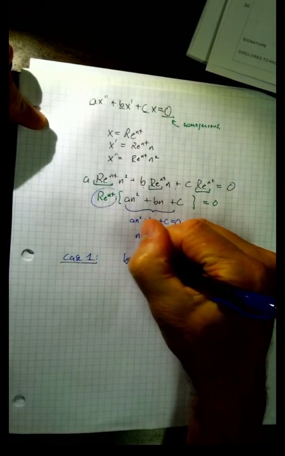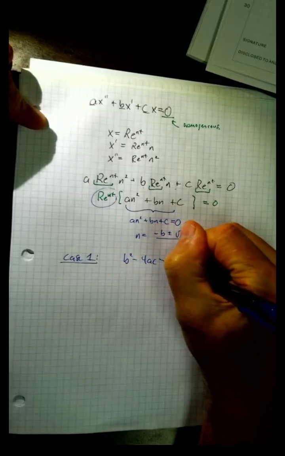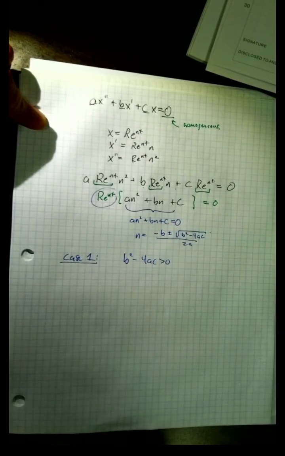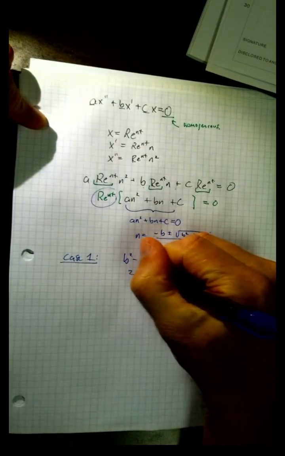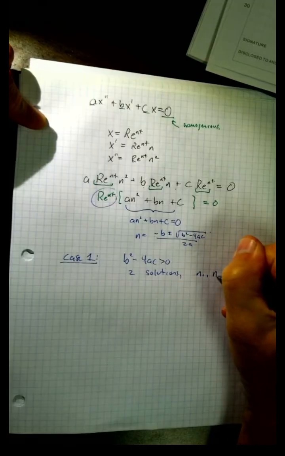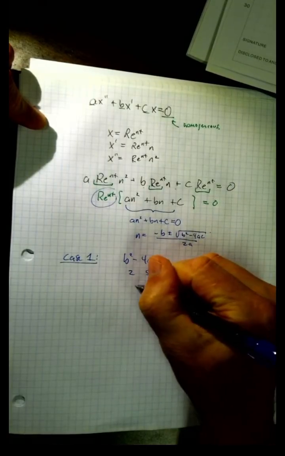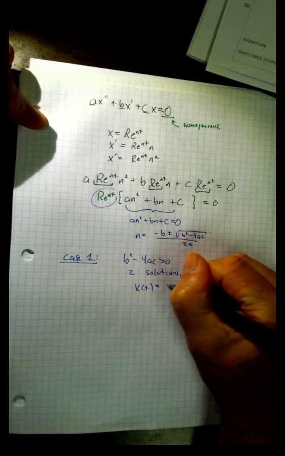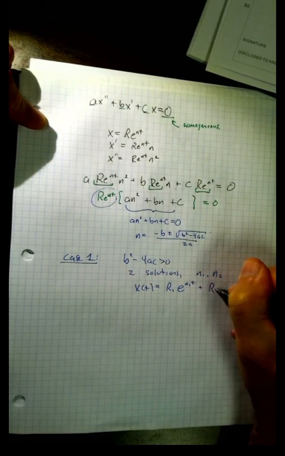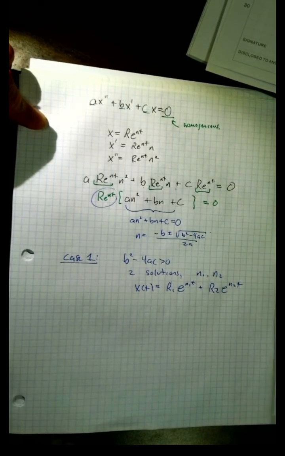First case is that b squared minus 4ac is greater than 0. So the thing under the square root is positive, and that means we have 2 solutions. Call them n1 and n2. And that means that our solution then can be written as r1 e to the n1t plus r2 e to the n2t. And we saw a number of examples on that.